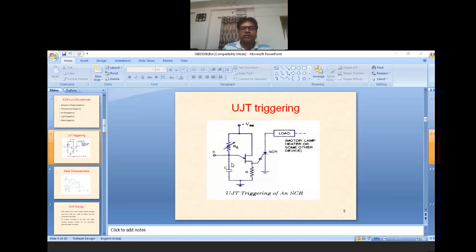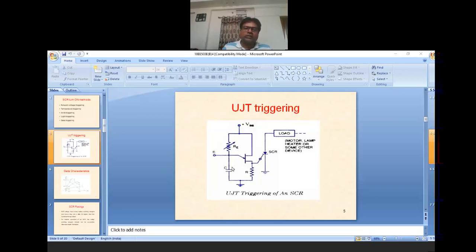And the purpose of this capacitor building up a voltage is that under normal conditions, this UJT will not be conducting, and when the voltage applied across this UJT exceeds the biasing voltage point, which should fall in the negative resistance region of the UJT, that is, when the voltage of point E, this emitter voltage, exceeds the biasing voltage, then this UJT will conduct.